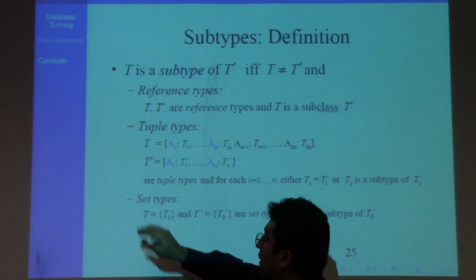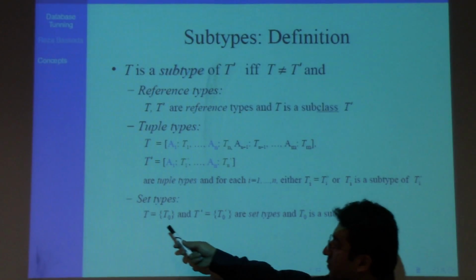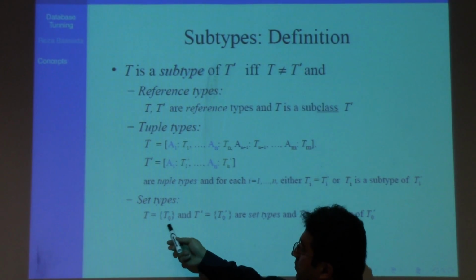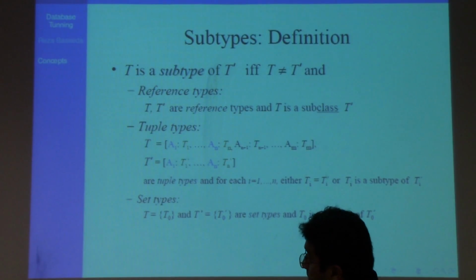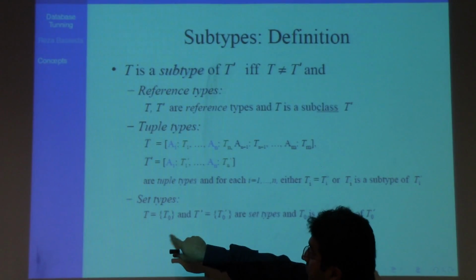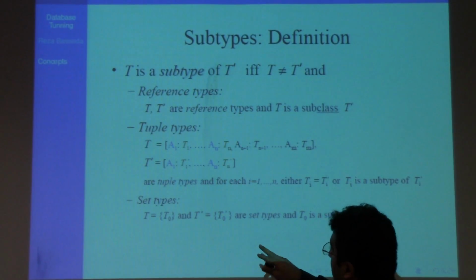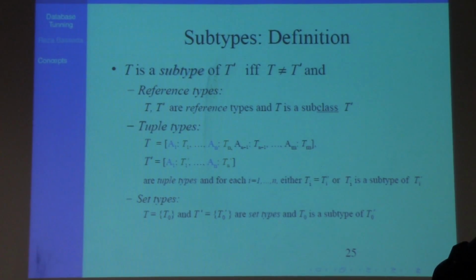And subtypes of sets. Suppose that T is a set of T0, and T prime is a set of T0 prime. T is a subtype of T prime if and only if T0 is a subtype of T0 prime, right?